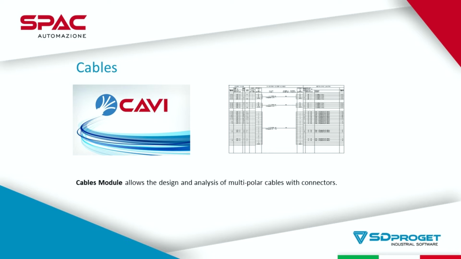Another interesting feature, as an additional module of SPAC Automazione, is the cables module. In this case, the designer gets a specialized representation of the cable itself, and you can have drawings and tables as illustrated in the slide.